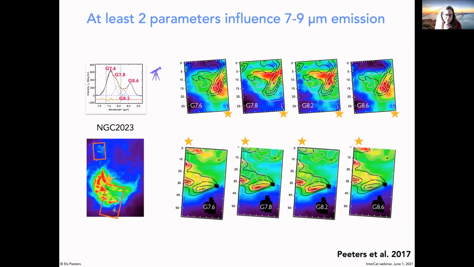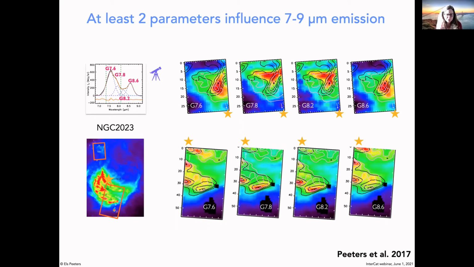So if you do that once again for our reflection nebula NGC 2023, we have 2 fields, one in the north and one in the south. So that's shown in the left image of our reflection nebula. And on the right, you see that we have the morphology for the 4 components of our decomposition.